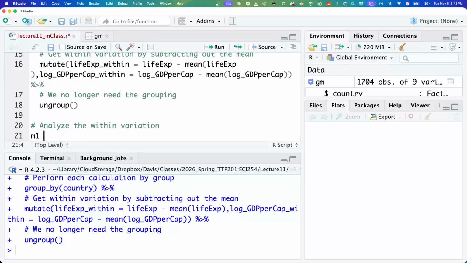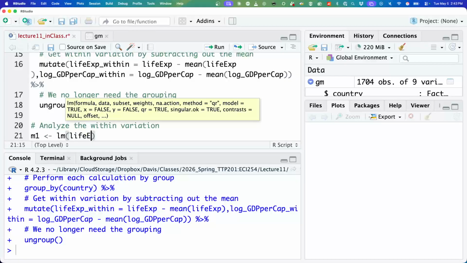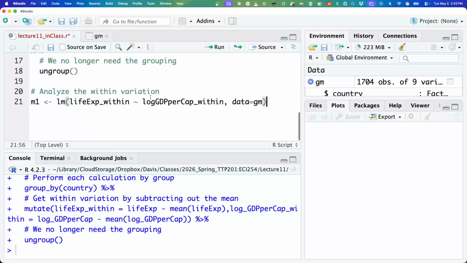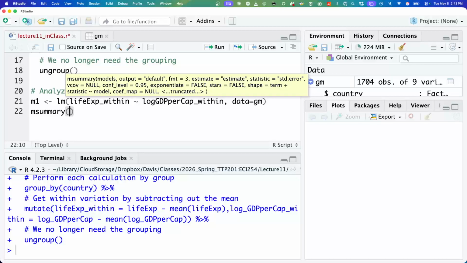So we can analyze the within variation. We can do this. M1 life expectancy within. And then we can use the model summary.